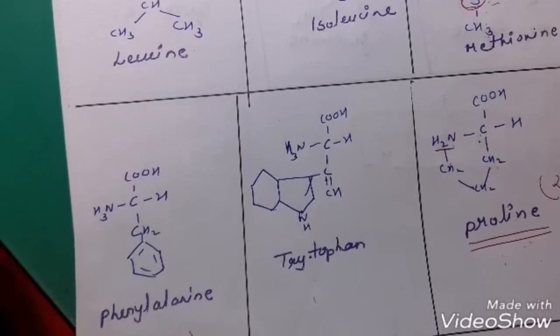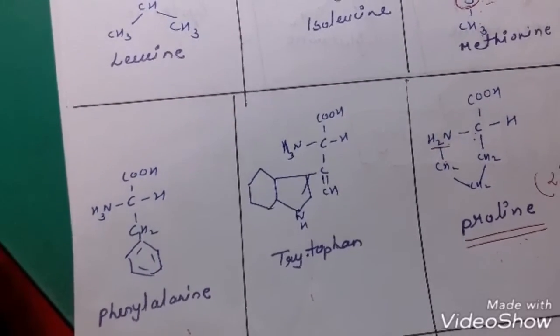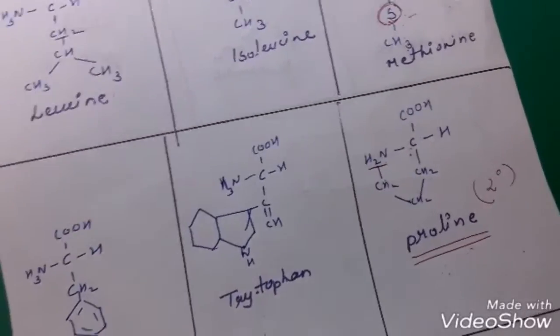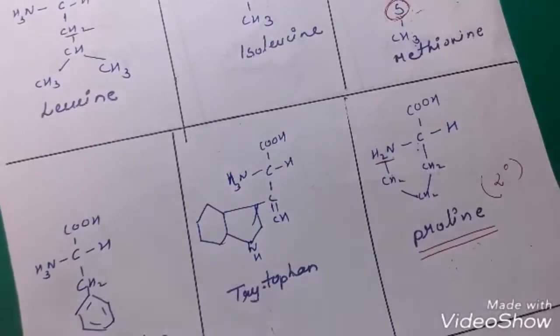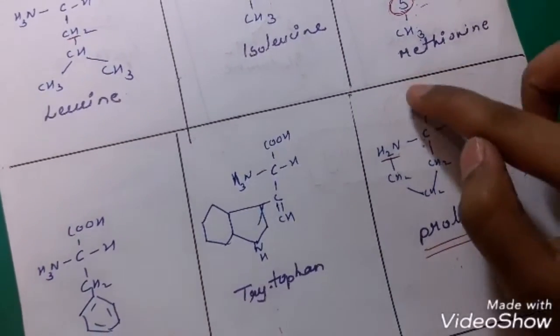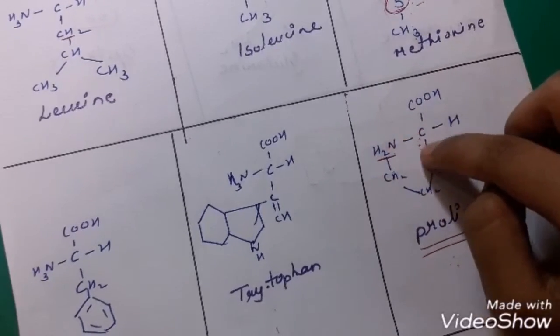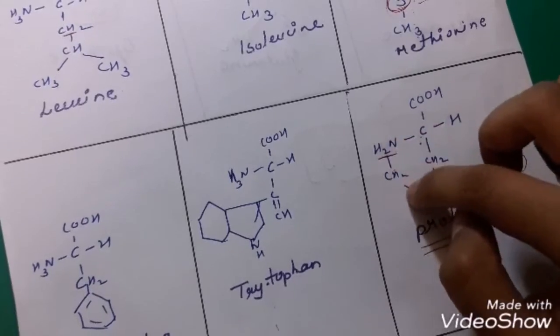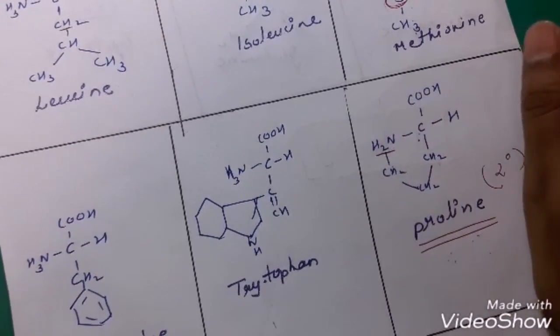These are aromatic ring amino acids, but proline does not have the aromatic ring, but it gives a five-member ring structure.